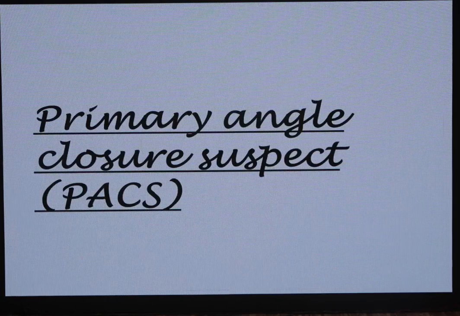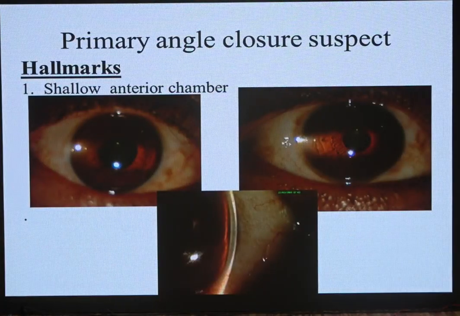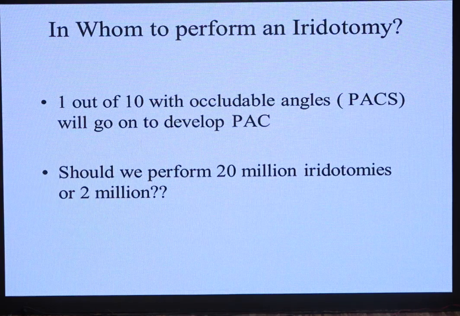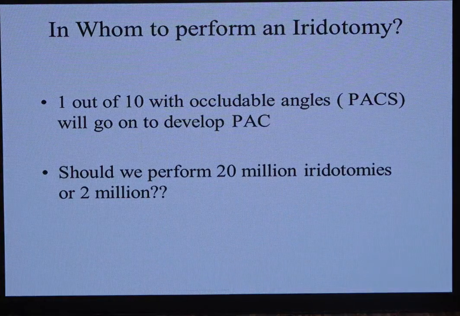A primary angle closure suspect is a patient who comes to you where, on a torchlight examination, someone has shown an occludable angle, or has shown a shallow anterior chamber and someone has put in a gonioscope and found occludability of the angle. But there are so many of them, 20 million people roaming around with an occludable angle. We don't do an iridotomy in all of them.